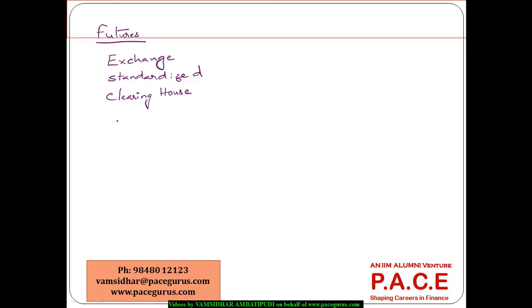On the other side, in case of forwards, the delivery date is negotiated between the two parties, whereas in case of futures, there is not one single delivery date. It cannot be a customized delivery date. What is specified is the month of delivery, and during that month, every exchange has its own mechanism for deciding the date. In some cases, it could be a range of dates instead of a single date.